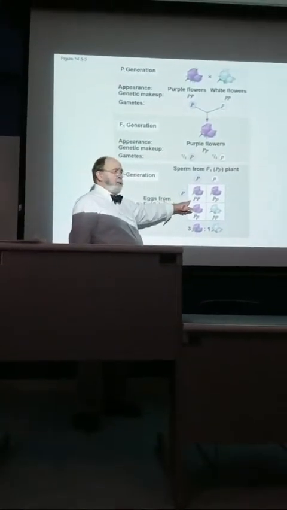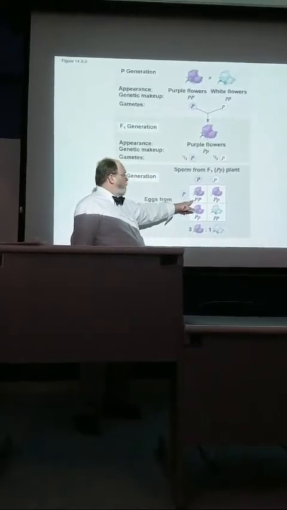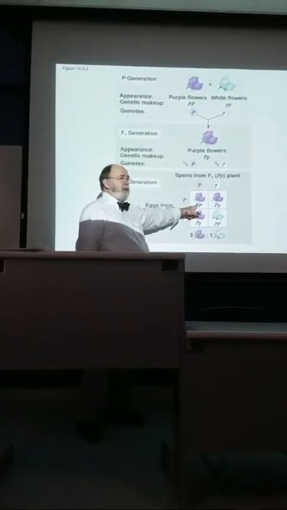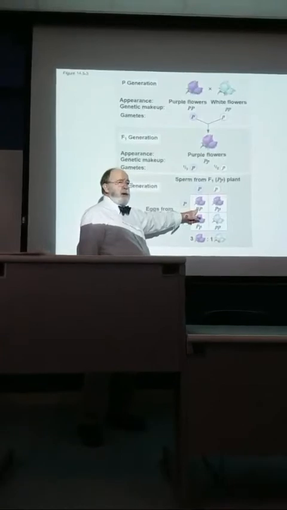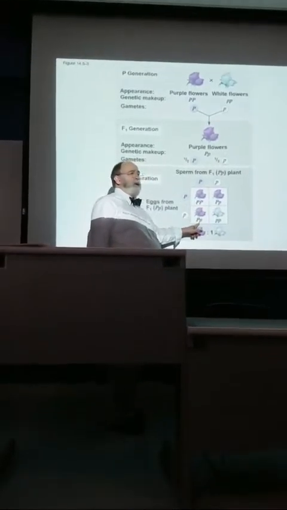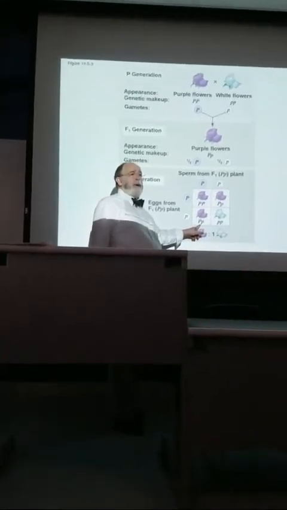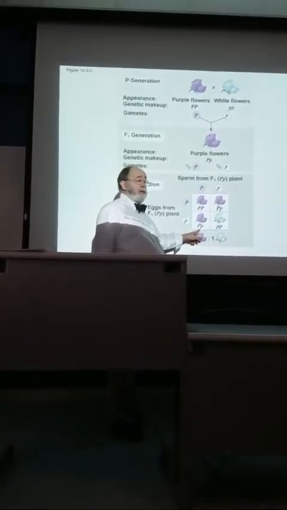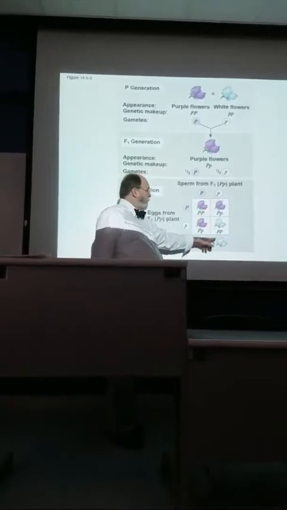Notice here, you've got one offspring that is homozygous dominant. It only carries the dominant trait. You've got two here that are heterozygous. They carry both the dominant and recessive, but they're still purple.